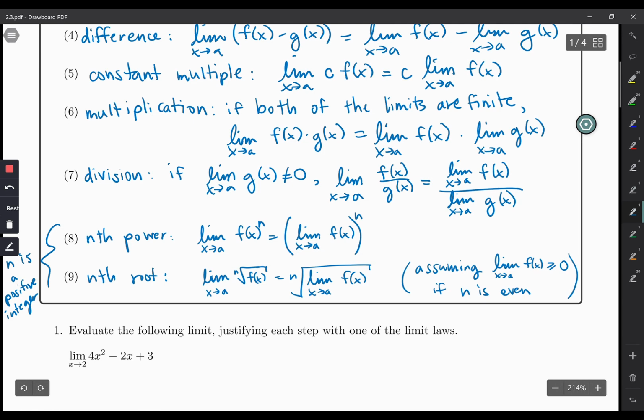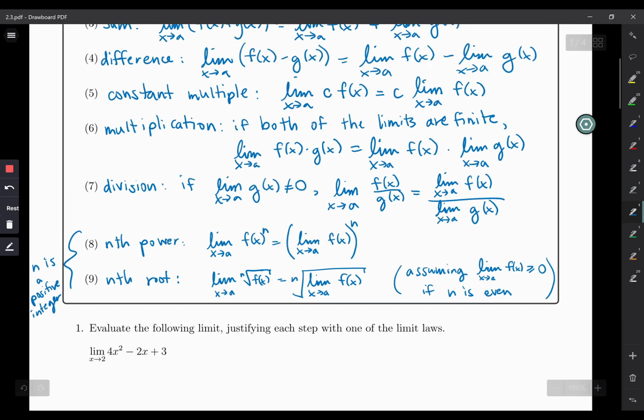We can't take an even nth root of something negative. So assuming that's all fine, you can pull the nth root outside of the limit, take the limit of the function, and then apply the nth root. Those are all of the limit laws.